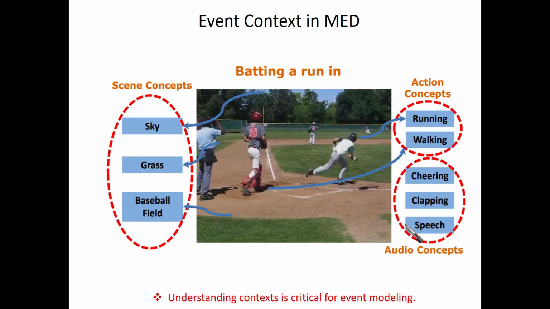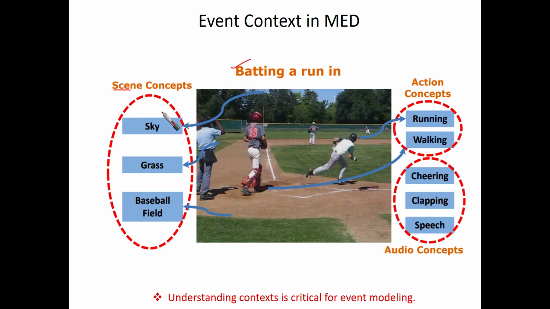Now here is one particular context. Let's see how to understand that. Let's say the event is batting a run in baseball, when the players take some run. It has some scene concepts, might be sky, grass, and the baseball field. So we need to analyze this kind of scene concept.